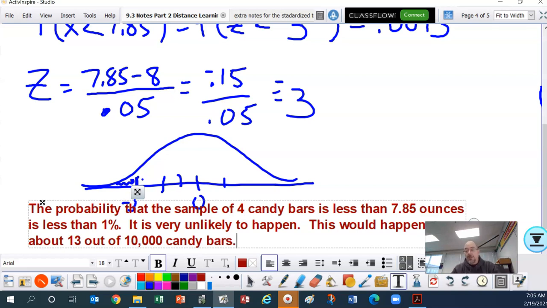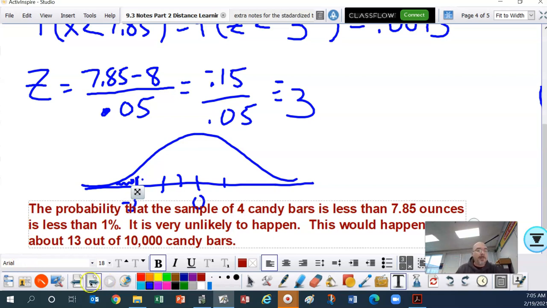It's not really going to happen. It might happen 13 out of 10,000 times. Not a big deal. Customers are probably never going to notice. But if you did pick that sample randomly and you did get that less than 7.85 ounces, that's going to be a big red alert. That's going to be our inference, ladies and gentlemen, in the second part of the book.